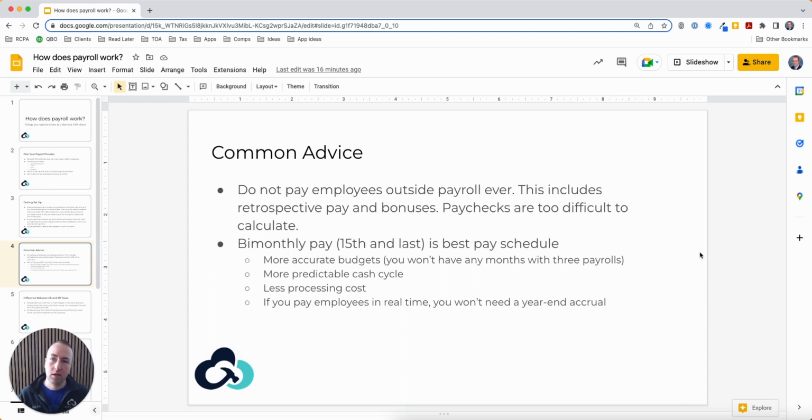And then the other thing is, for those of you who are on accrual-based accounting, technically, if there's a lag between the pay period end date and the time that you actually pay employees, you might be subject to a year-end accrual. So that would be, for example, if you have a pay period that ends around December 27th, but employees don't get their paychecks for that until January 5th.